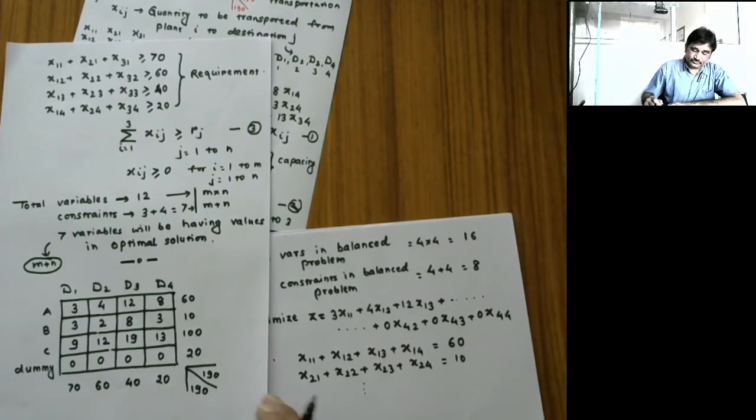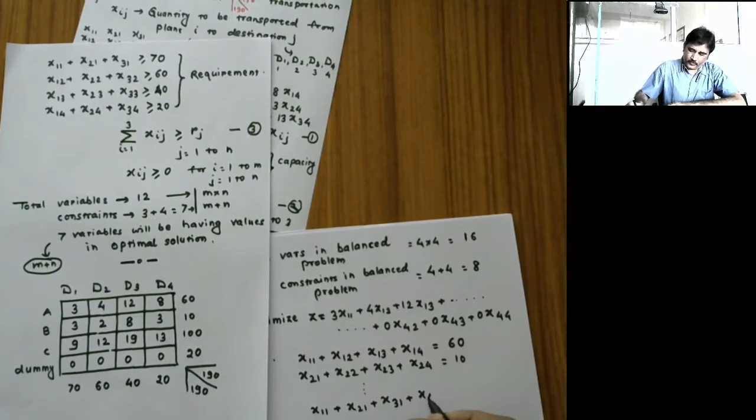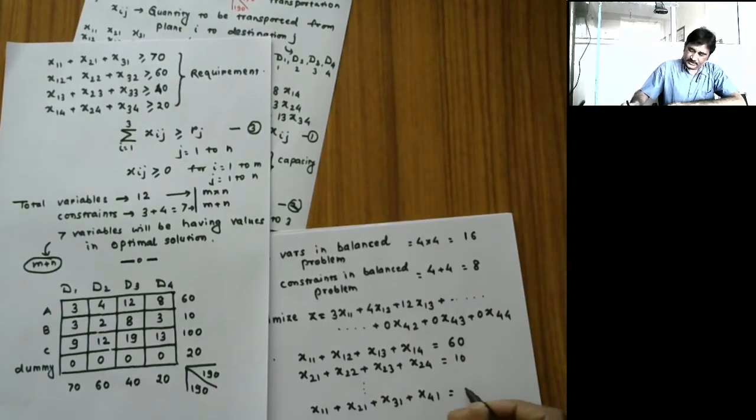Then the requirement constraint will go like x11 plus x21 plus x31 plus x41 should be equal to 70.